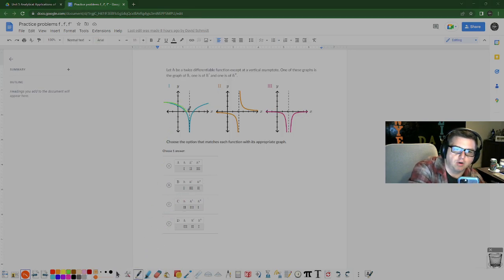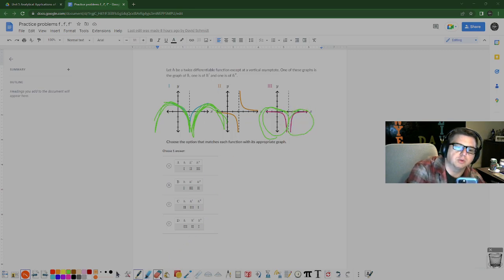If we see this, all of this is the bowl opening down. And when that happens, that means the entire second derivative is negative. And you see this bowl opening down too? It means that half is all negative values as well.